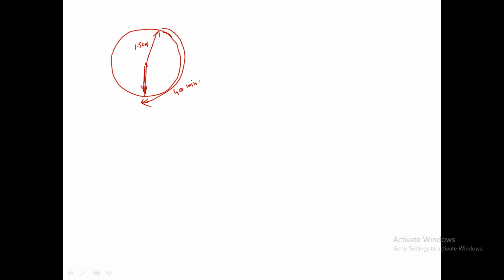So in 40 minutes, this length of the arc you have to find. Radius is 1.5 centimeters. In 40 minutes, what is the angle it moves? That we have to find. If you find theta, it will be easy to find the length of the arc.